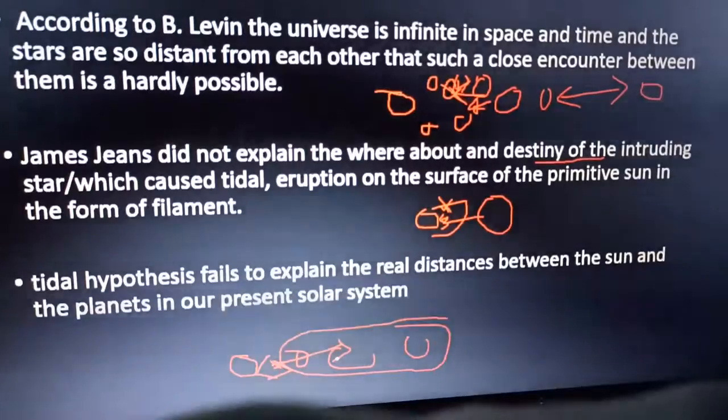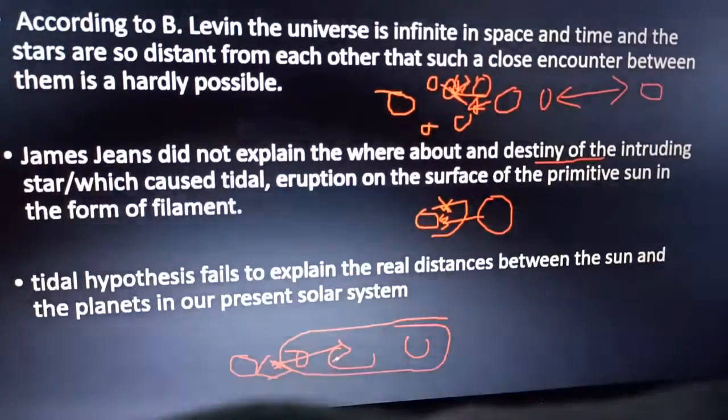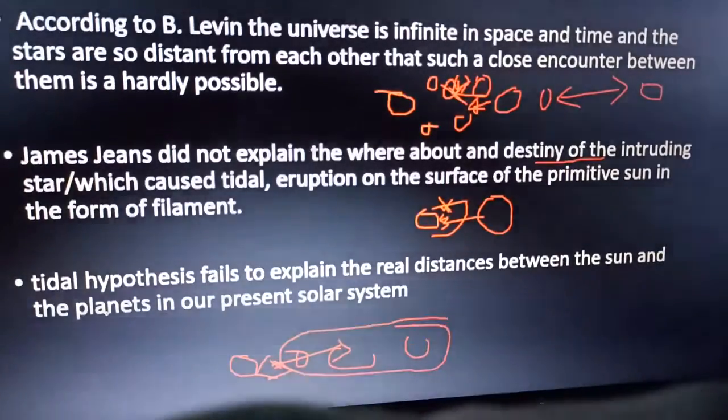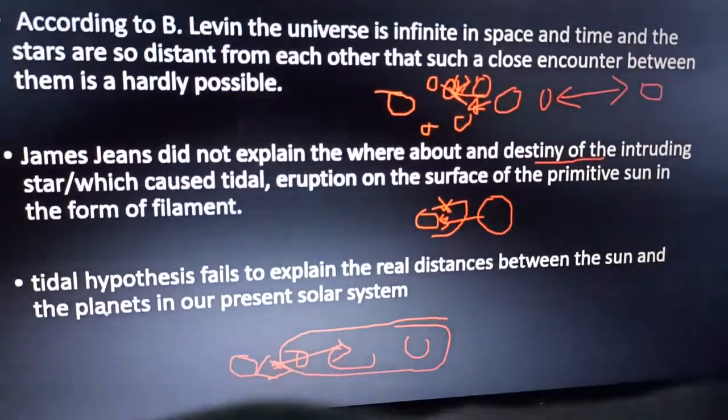That is not mentioned. So because of all these drawbacks, this hypothesis is not a perfect one regarding the explanation of the origin of our earth and how the other planets were formed. So this is the end of this hypothesis.